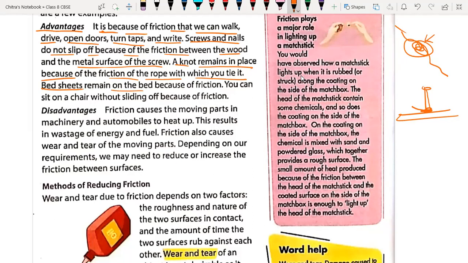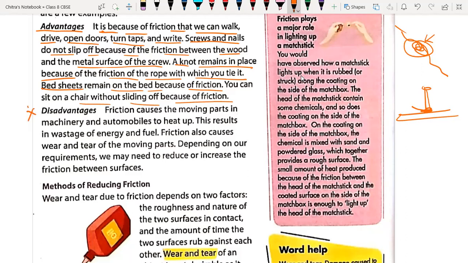Bed sheets remain on the bed because of the friction. While sleeping, it does not move from there, due to the friction force between the bed sheet and the bed. You can sit on a chair without sliding off because of friction. So all these are the advantages that we experience in our daily life.